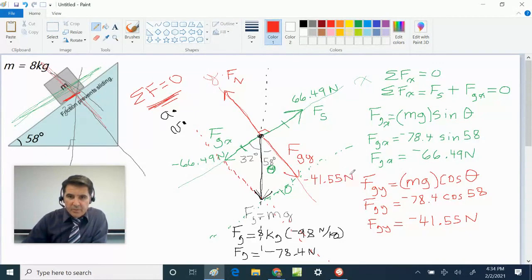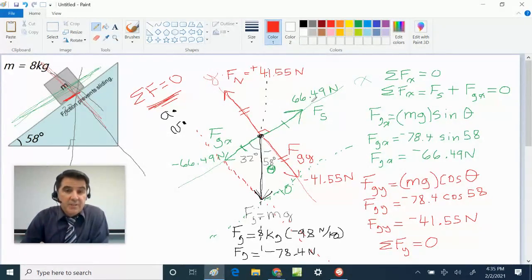Then if you look here, the sum of the forces in the y direction must also equal 0. And so these two have to be the same, where this is equal to a positive 41.55 newtons. And so this satisfies everything.